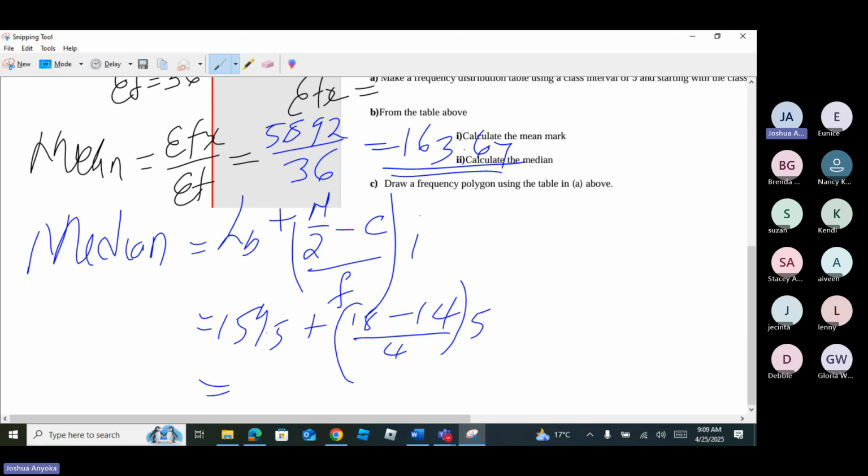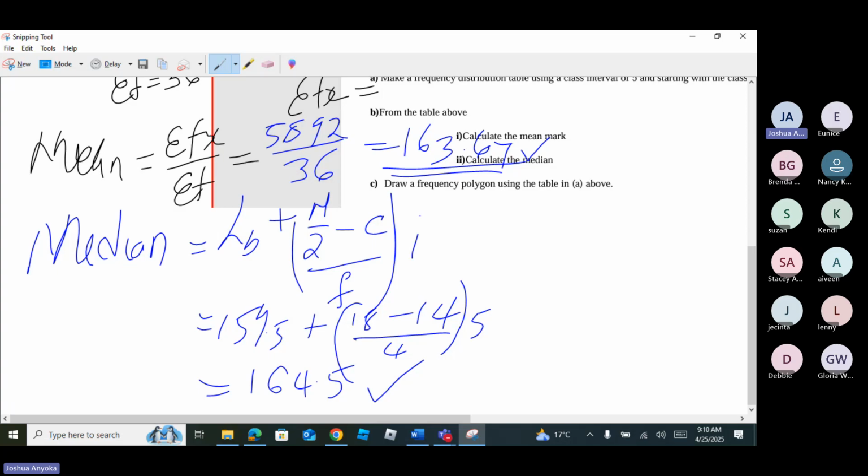And somebody who has worked out 159.5 plus 18 minus 14 over 4, this one gives us 164.5 as our median. 18 minus 14, 4 divided by 4, 1, times 5, 5. 159.5 plus 5, 164.5. So this is the mean and the median.